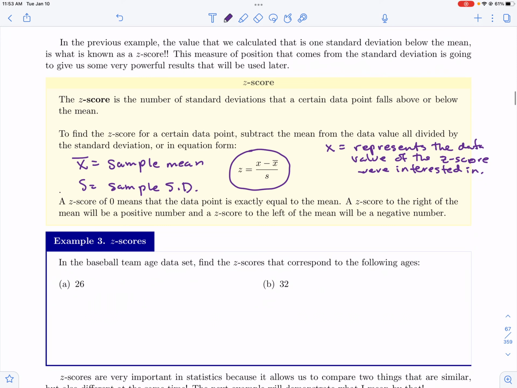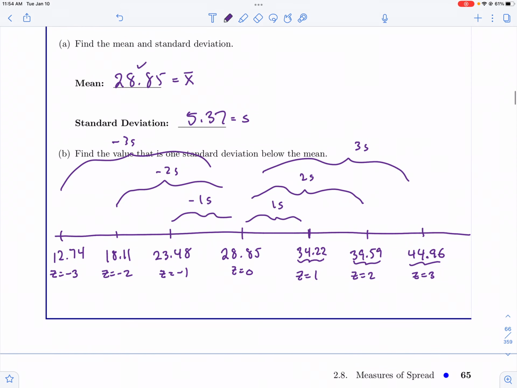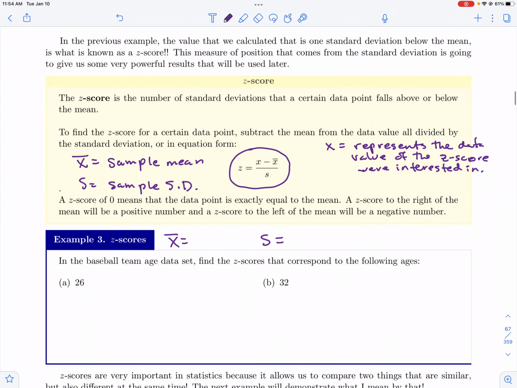All right, so let's take a look, still using the example from above. In the baseball team age set above, we want to find the z-scores that correspond to a person that's 26 years old and a person that's 32 years old. So again, before we can do anything, we need to make sure we remember what the sample mean and the standard deviation are. So if you've forgotten, let's just go back up and check here. So we've got 28.85 for our sample mean and 5.37 for our standard deviation.